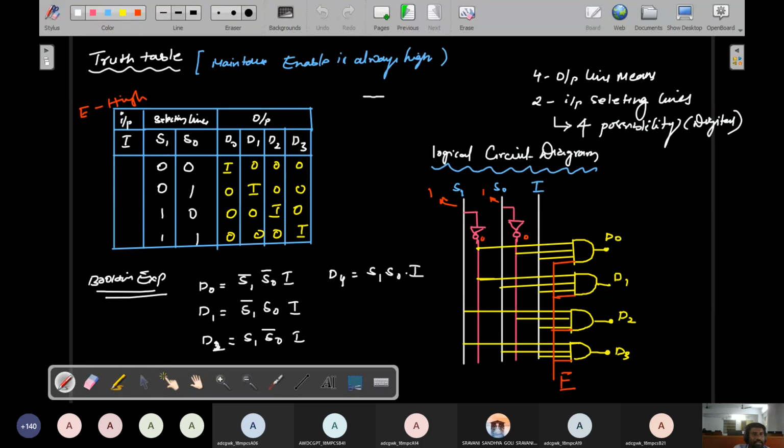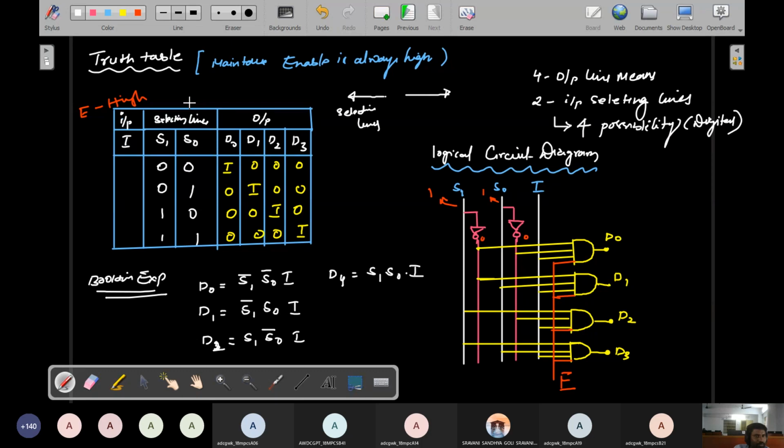Your selecting lines always go in this arrow direction, and the output lines are represented in this direction. So truth tables are designed like this. These are the selecting lines. You represent the selecting lines starting from here, in this direction: S0, S1, S2, S3, and so on.